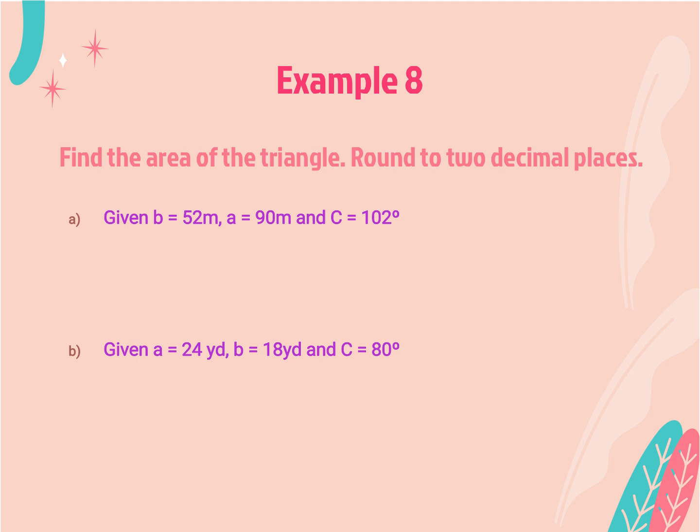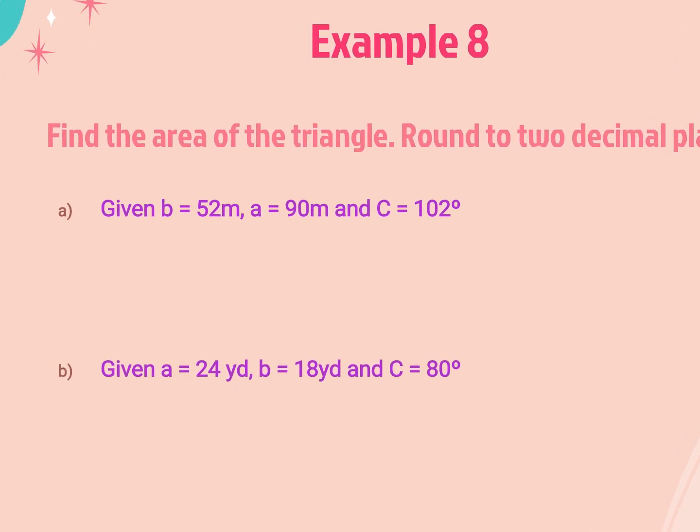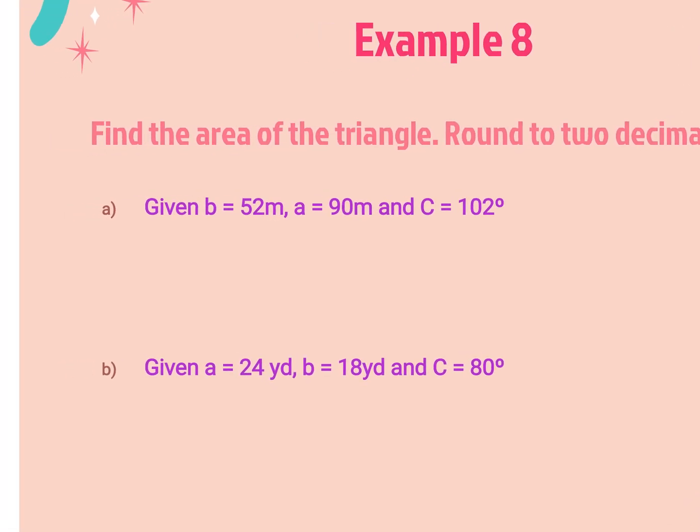All right, so this one, for example, I have a b, an a, and an angle C. If I have a, b, and an angle C, I can use the version of my area formula that says my area is going to be 1/2 ab sine C. All right, so this is going to be 1/2 times 52 times 90 times sine of 102.